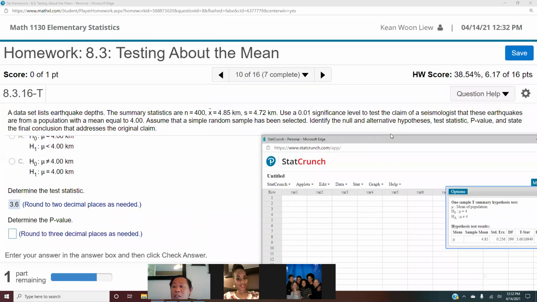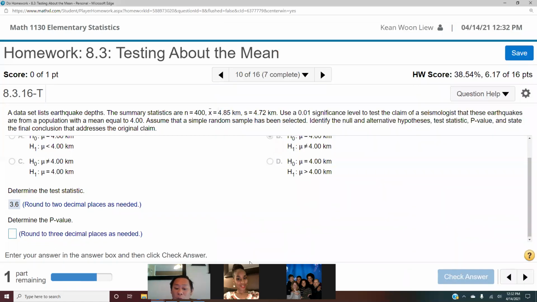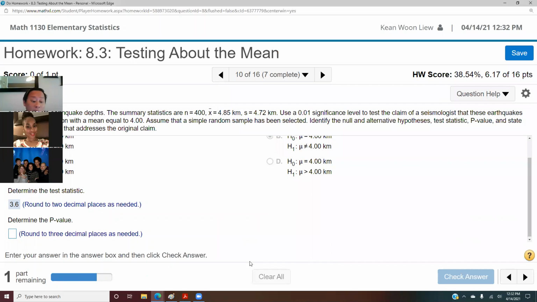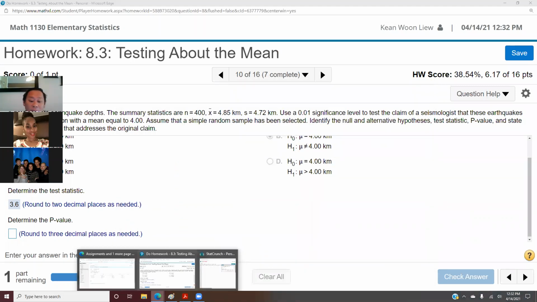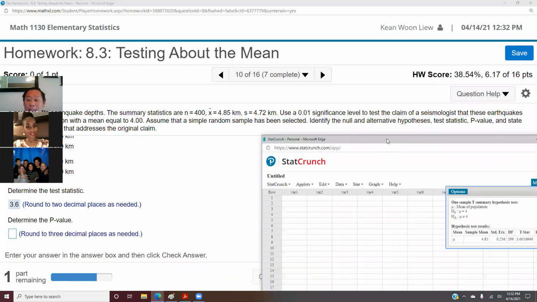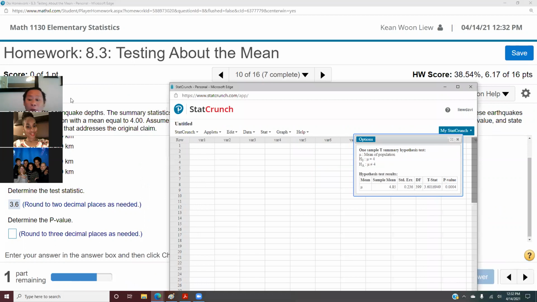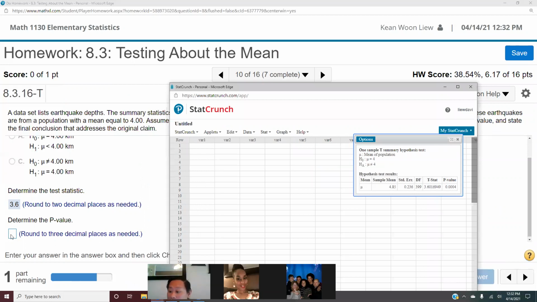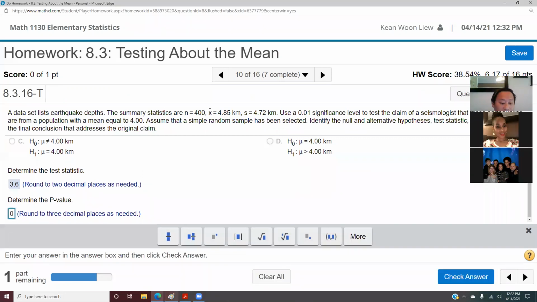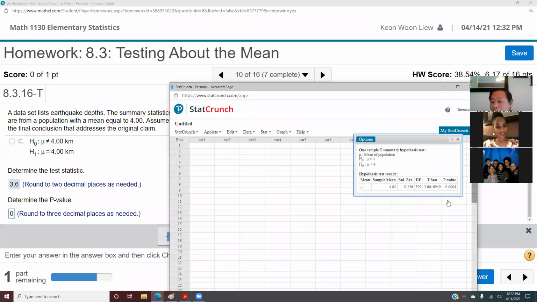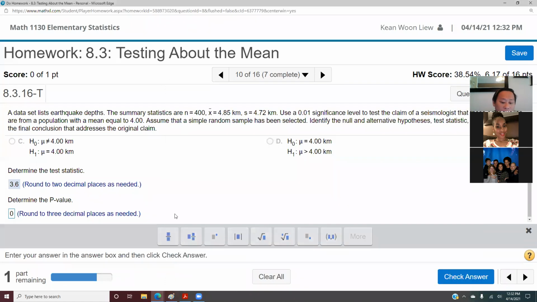No, you don't change that; the 0.1 is used when we do the comparison. So the p-value in this case is actually 0, because if you round to 3 decimal places, the 4 is still not big enough to round up.